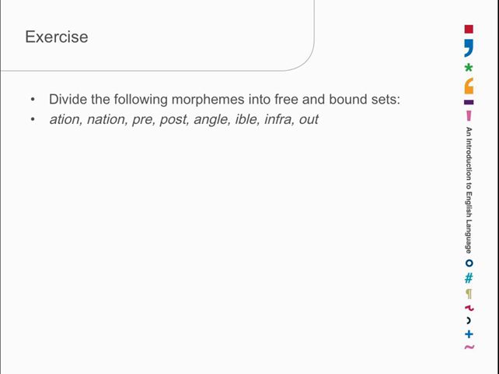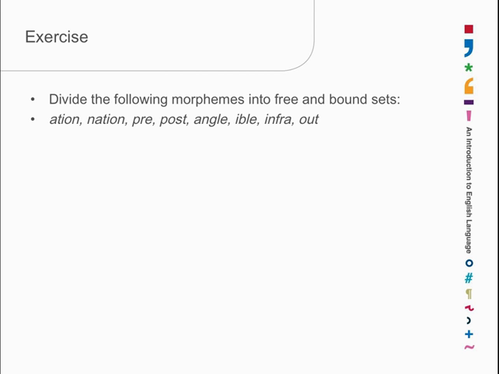Post is interesting because there are two posts. One is the thing you put in the ground, and that's a lexeme, so it's a free morpheme. But there is also post- this and post- that, meaning to come after, and that's clearly not a free morpheme. That has to attach to something, so it's bound.